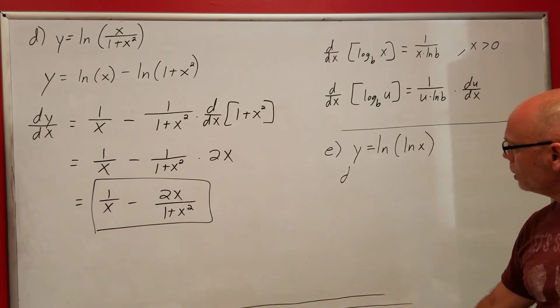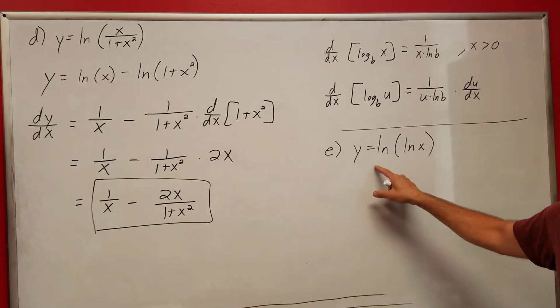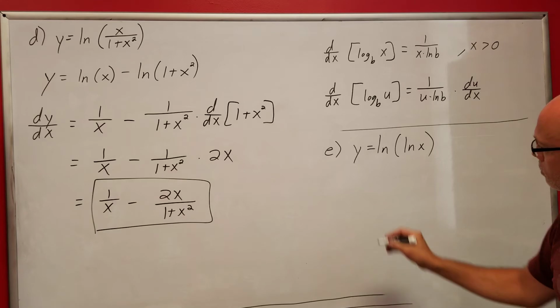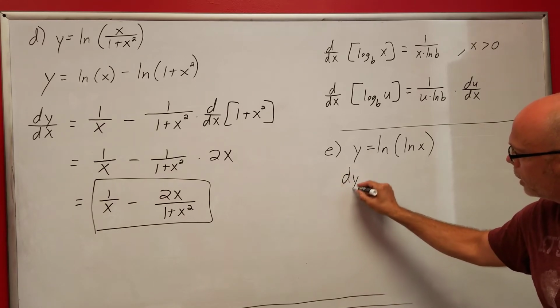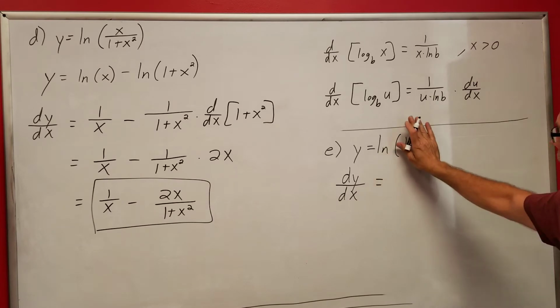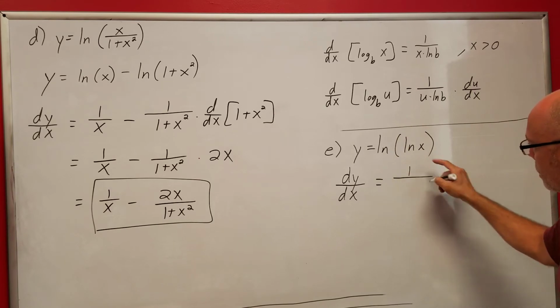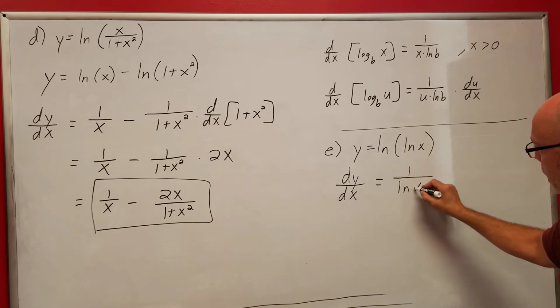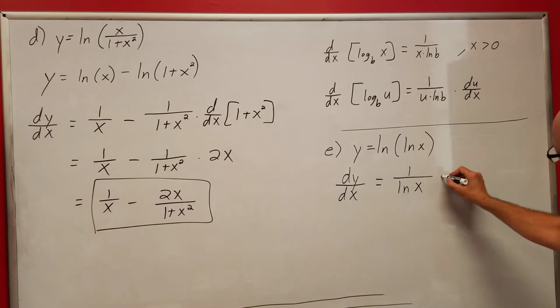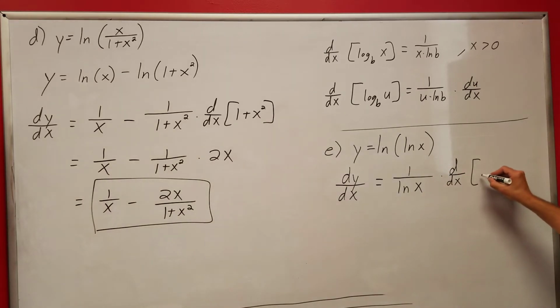All right, so what do I try to do with a logarithm? I try to rewrite it. I don't see a property I could use here to rewrite, so I'm just going to take a derivative. How do you take the derivative of the natural log? 1 over the argument, so 1 over the natural log of x, times the derivative of the argument, so times d over dx of natural log of x.